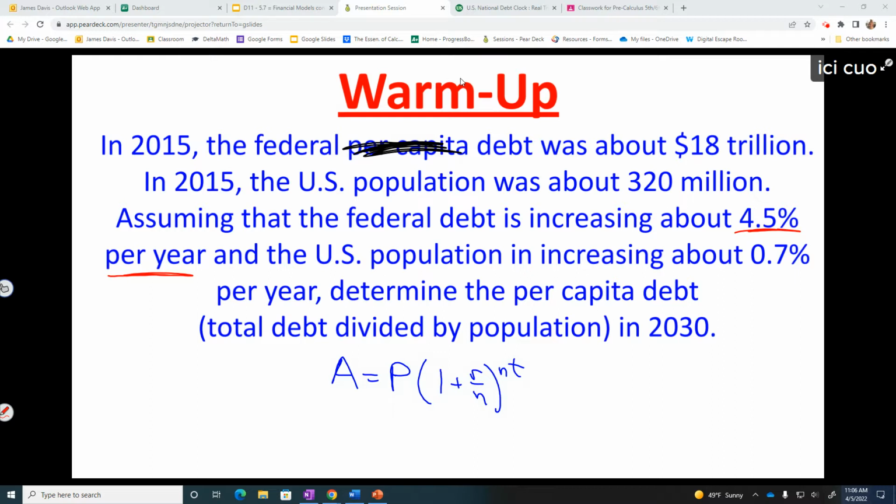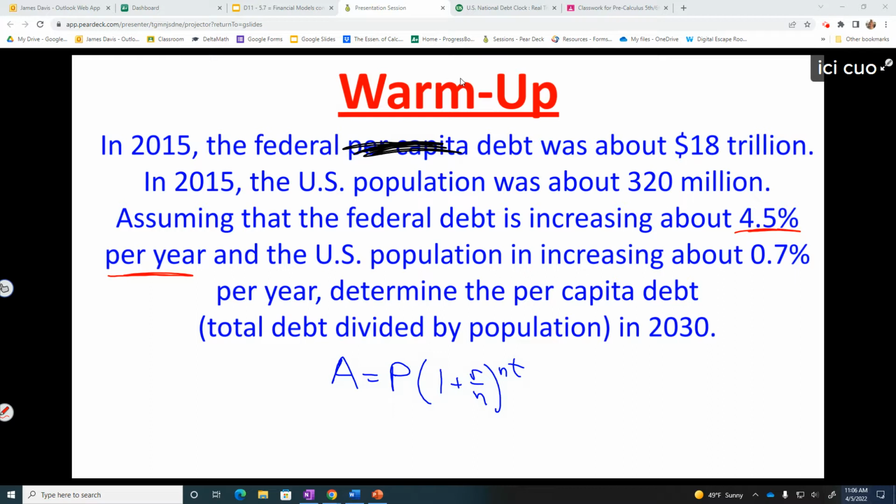And then to the nt, well, the n is 1. So 1 times our time. What is our time? Yeah, 15 years, because we're looking at 2015 and then predicting 2030. So it'd be 1 times 15. That's 15.